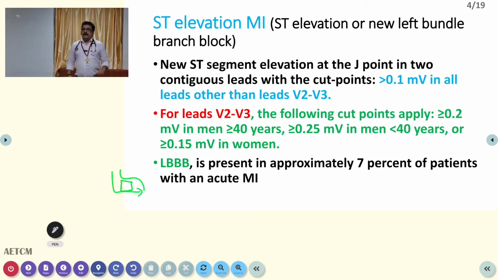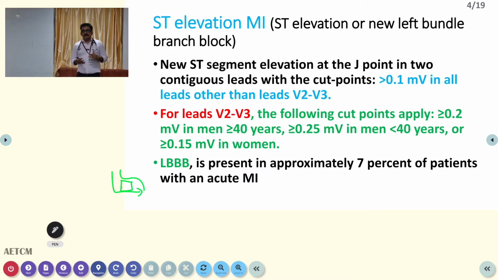LBBB can also have a similar feature, because if the patient has a recent LBBB, that can be shown as ST segment elevation myocardial infarction. That can be part of ST segment elevation myocardial infarction, but actually in the ECG we are not seeing ST segment elevation, we are only seeing LBBB.